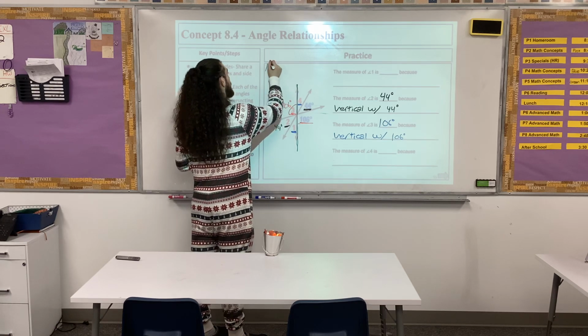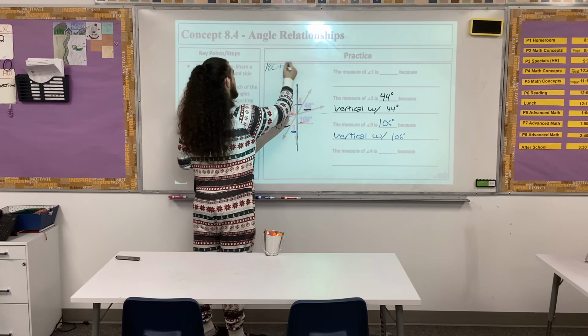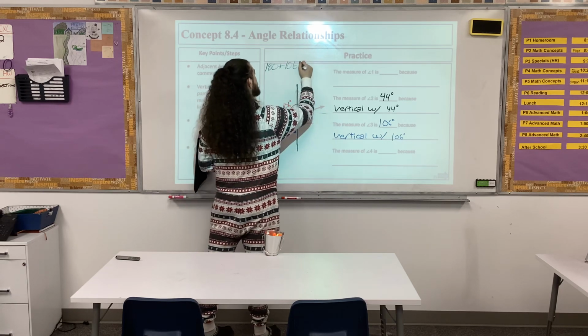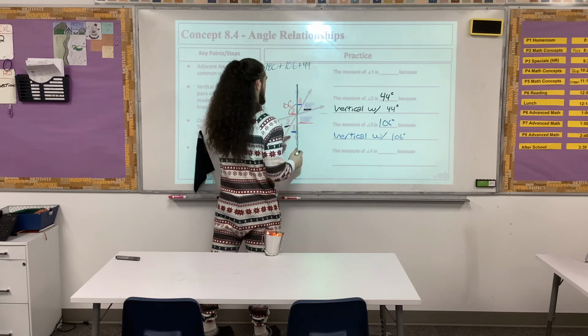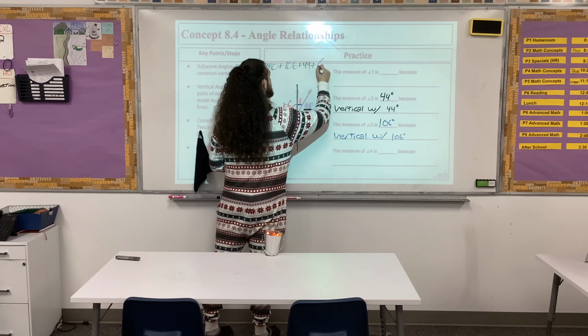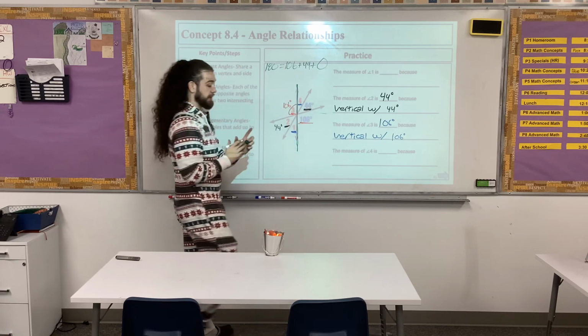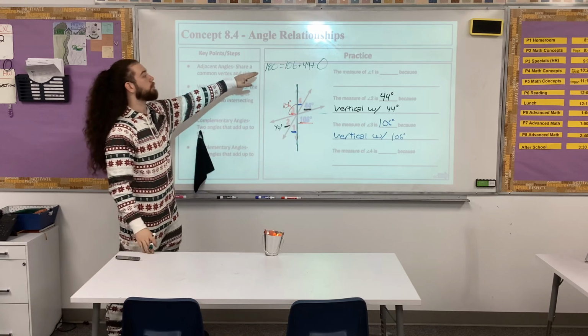So we have 180, the total 180, and that comes from angle 3, which is 106, angle 2, which is 44, and angle 1, which I'll find. I'll use an O for angle 1. And they are equal to 180. They give me a total of 180.